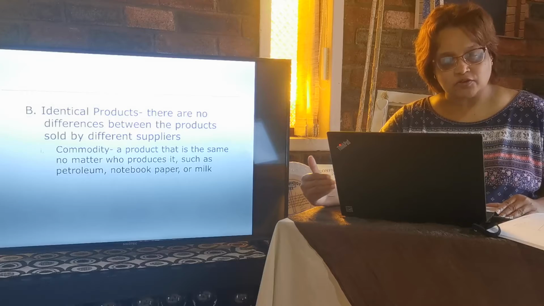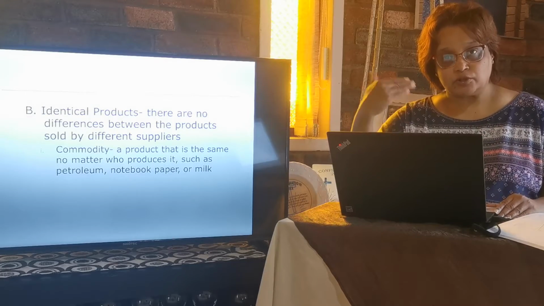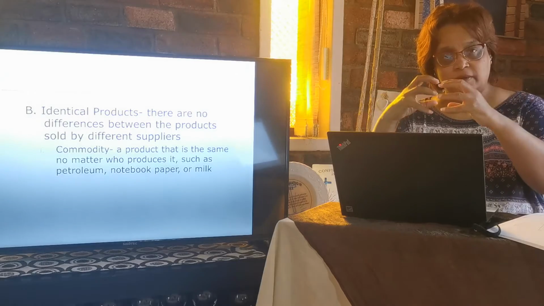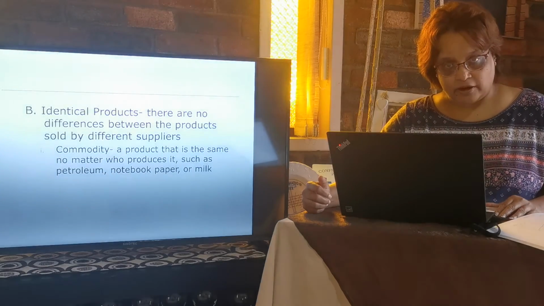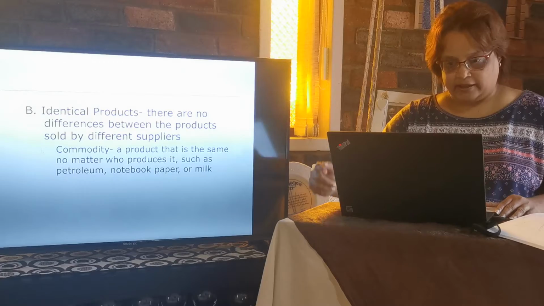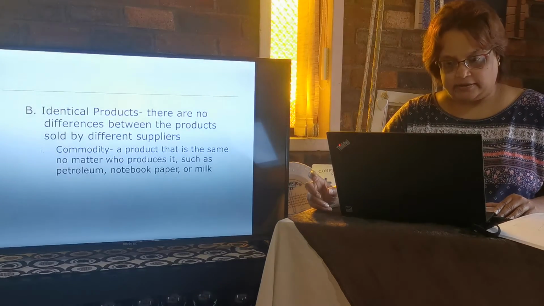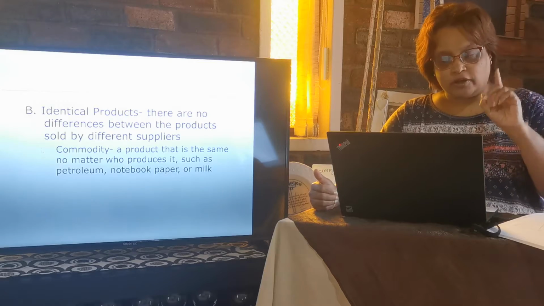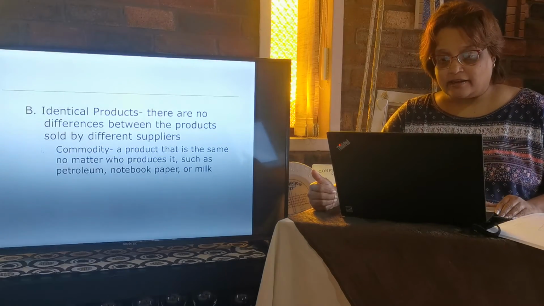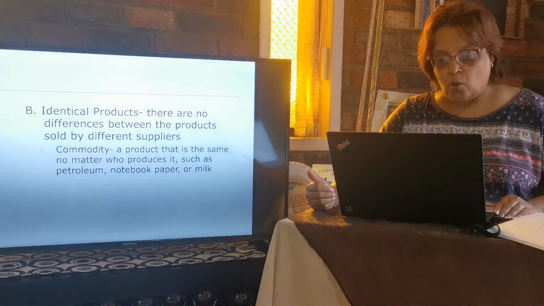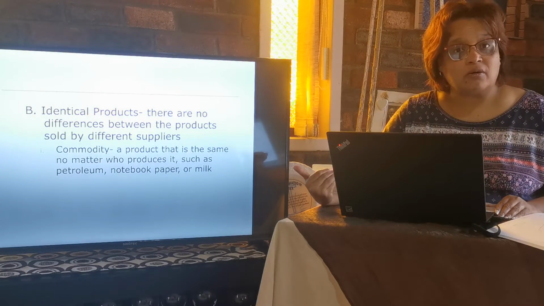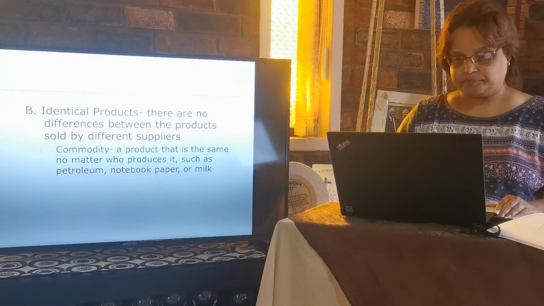So there are many sellers of a specific product that conform to the homogeneous, or same, characteristics of the product. You'll know that the commodity or product is the same no matter who produces it, such as petroleum, notebook paper, or milk, or cereal for that matter.